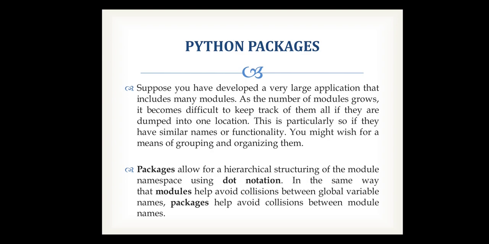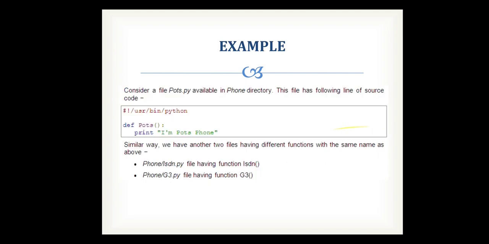You might wish for a means of grouping or organizing them. Packages allow for a hierarchical structuring of the module namespace using dot notation, in the same way that modules help avoid collision between global variable names, packages help avoid collision between module names.